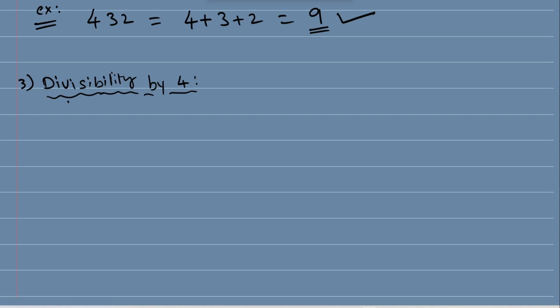If any number's last 2 digits are divisible by 4, then the whole number will be divisible by 4.